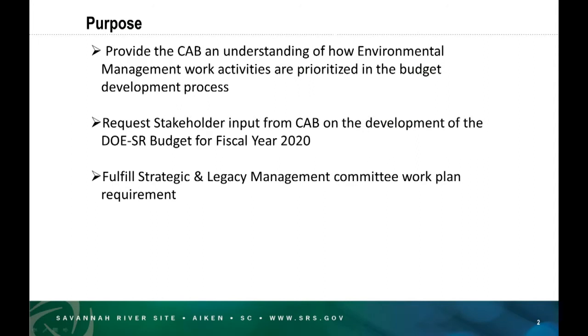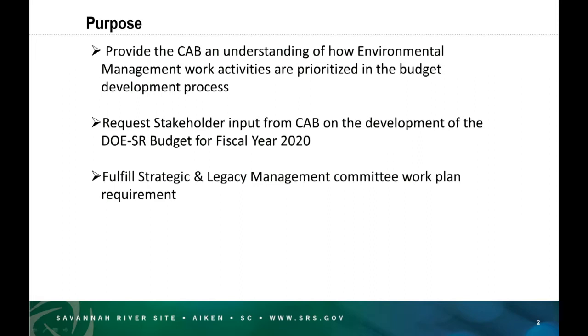So why am I here? I want to give you a better understanding of how we put together our budgets for the site. I want to request, as we do every year, your input to DOE on what your priorities are for fiscal year 2020. Every year we come to you and we ask you what your priorities are for the budget year. We also ask DHEC and EPA for their input as well, and they send us a letter outlining their priorities.